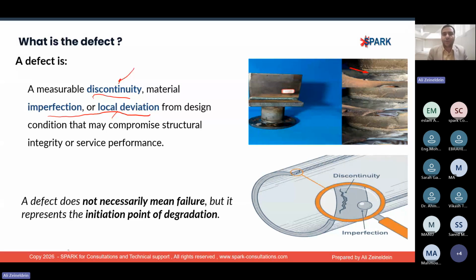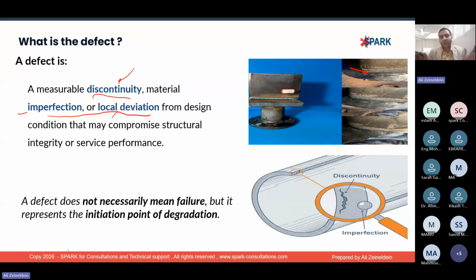Whatever the main cause of this discontinuity, imperfection or local deviation, if it is out of the acceptance criteria, or exceeds the limits of the accepted point, it becomes a defect.